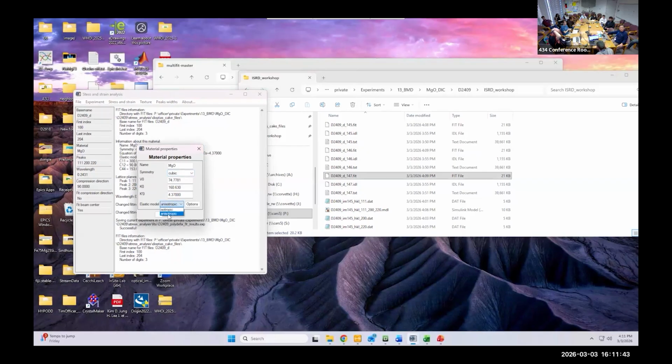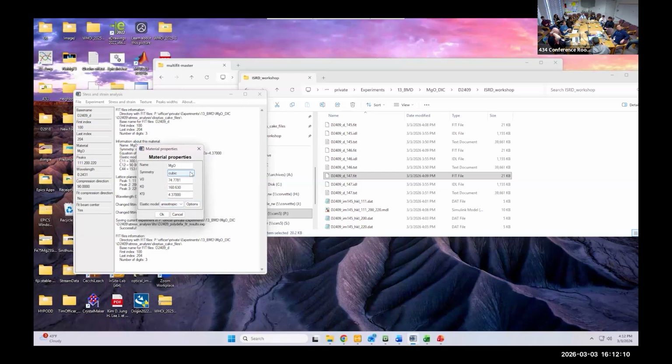We're going to use anisotropic for our elastic model, and when we look at the options, we have to put in the elastic constants, our CIJs. In this case, because it has high symmetry, it only has 3 CIJs, but depending on the symmetry, it could be much different.